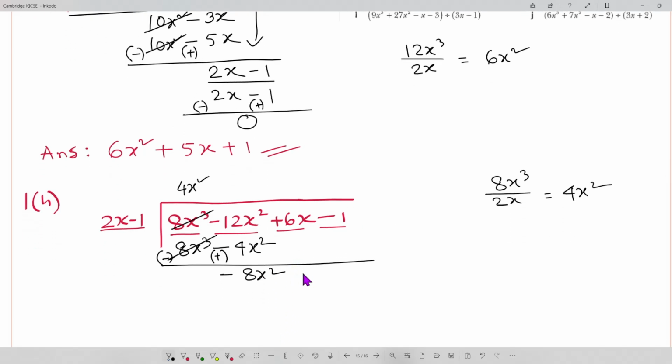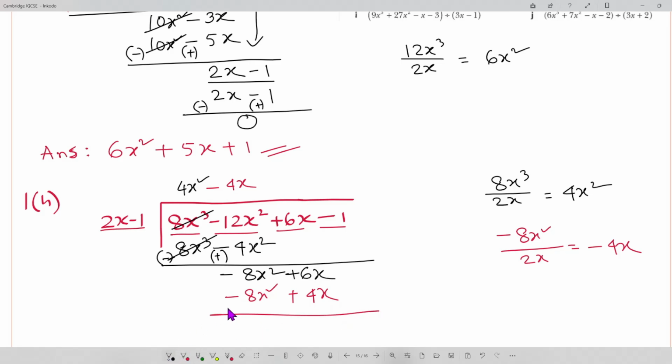Okay, and here we will bring down the next term 6x. Minus 8x square divided by 2x, we will get minus 4x, right? So here is minus 4x. So here 8x square, minus and minus gives plus, 4x times 1 is 4x.